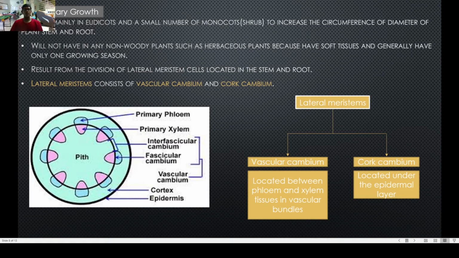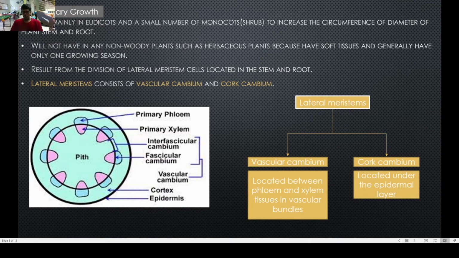First point, it will not occur in non-woody plants such as herbaceous plants, because they have soft tissues and generally have only one growing season. The result is from the division of lateral meristem cells, which are located at the stem and the root. Lateral meristems consist of vascular cambium and cork cambium.